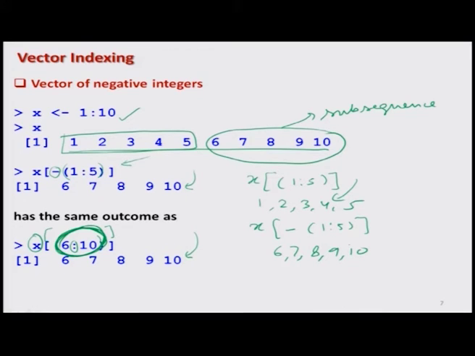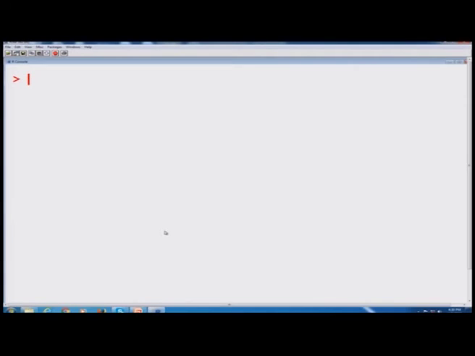So, this also gives you another option to play with the index to get a required data set from a sequence. Let us try to do it here and see what we get. Firstly, let us generate a sequence x.